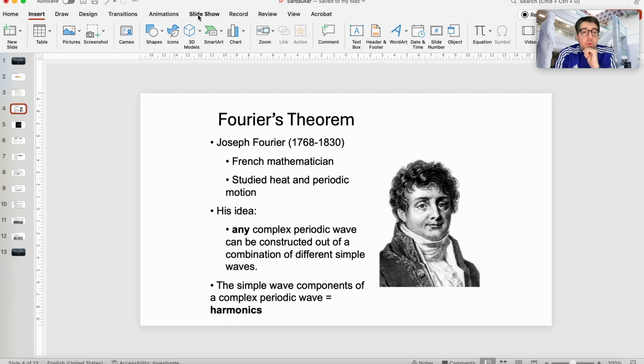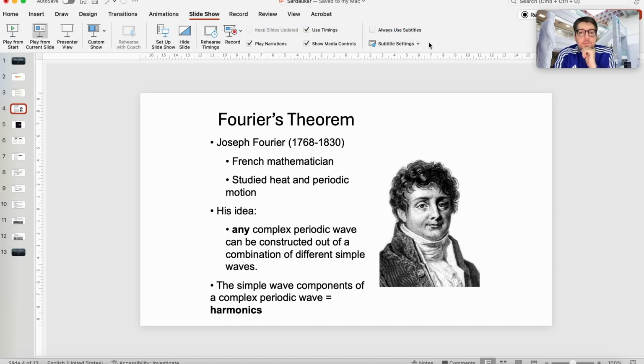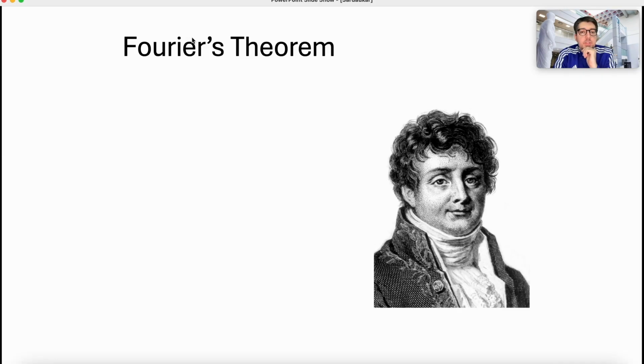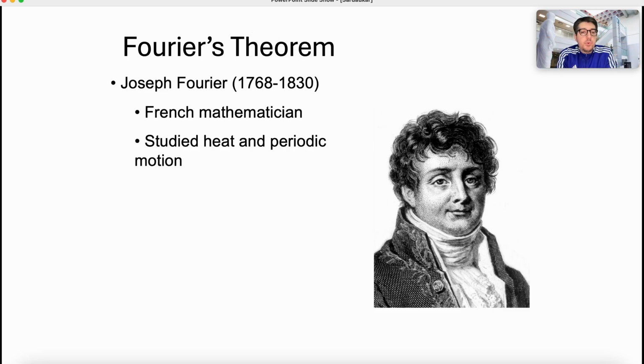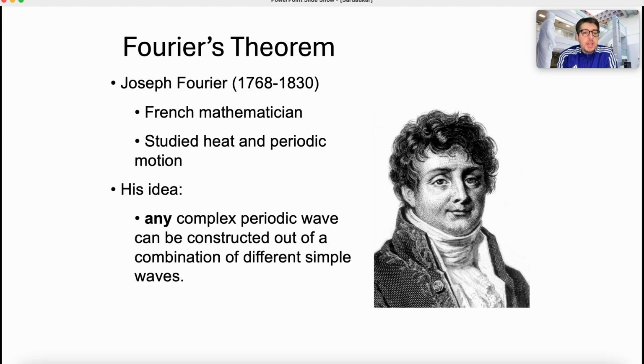This is important because I'm going to enter the slideshow, because of Joseph Fourier. Joseph Fourier, I guess that's how you will read it, was a French mathematician who studied heat and periodic motion. His idea was that any complex periodic wave can be constructed out of a combination of different simple waves, right?